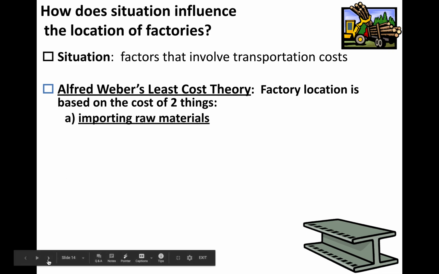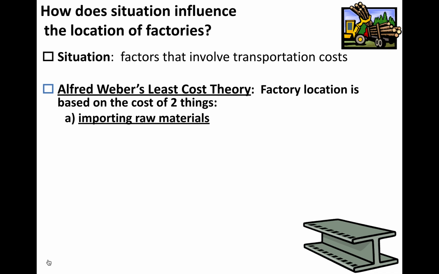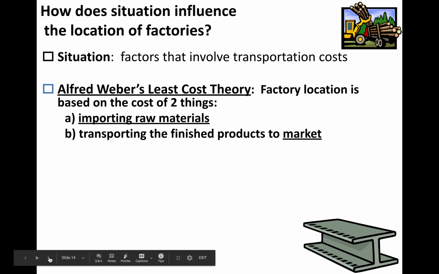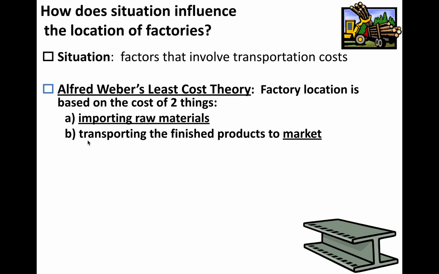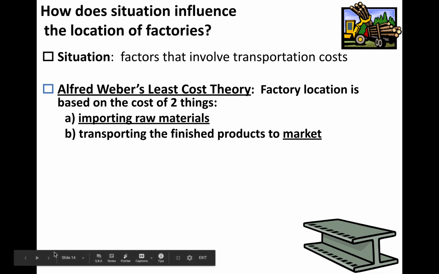He looks at where the inputs are, such as raw materials, water, or steel, and then you have to transport it to the market. Usually between the raw materials and the market, there will be a manufacturing center. And then there will be the final destination, which is a market where you sell the industrial production.